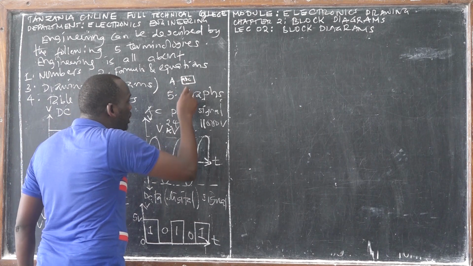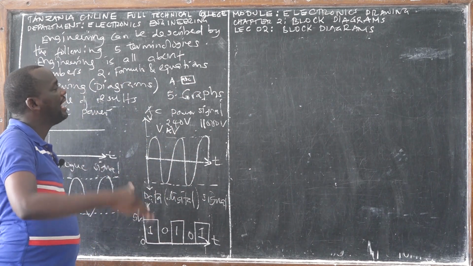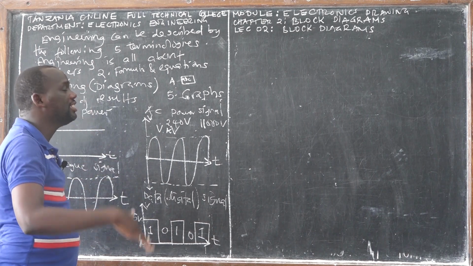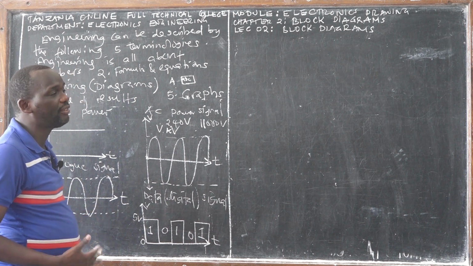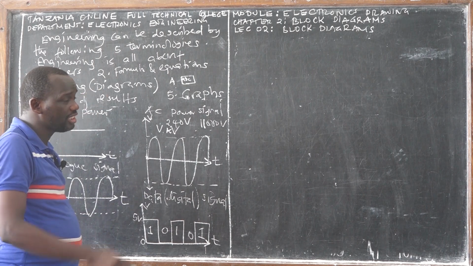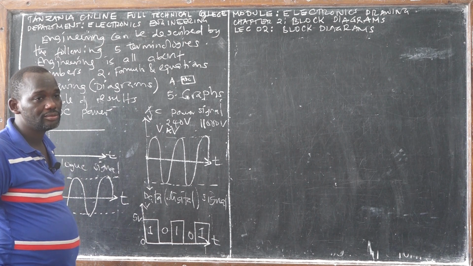Then this information is processed, sent to the BTS, the nearby base transceiver station, and to the control network, and processed and sent maybe to Kigoma or to Katavi. Then it reaches your father's mobile phone.